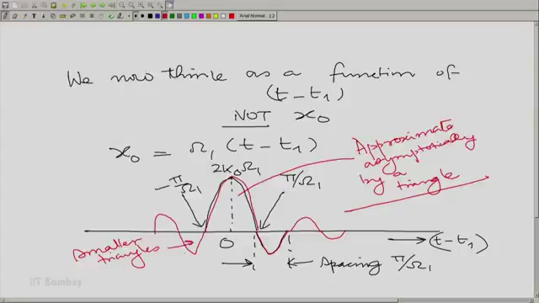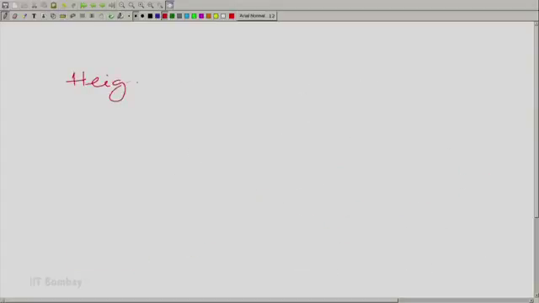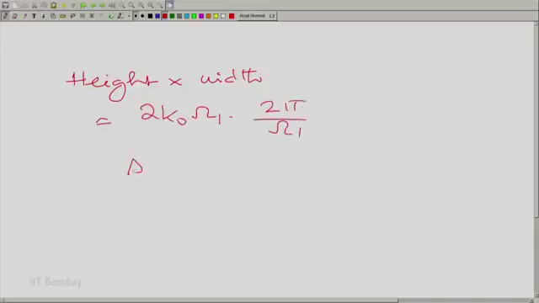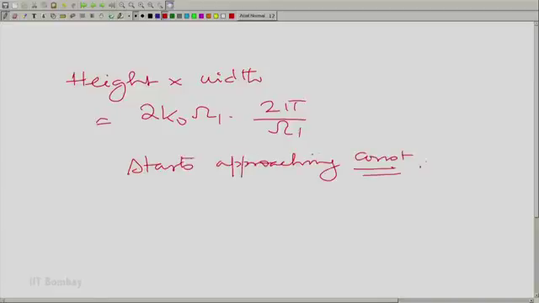And essentially what we have is that the height multiplied by the width, which is approximately 2 kappa 0 omega 1 multiplied by 2 pi divided by omega 1, starts approaching a constant for the main lobe. That is interesting, that is the important part here. So the main lobe starts having constant area, and that is also true of those smaller lobes on the sides.